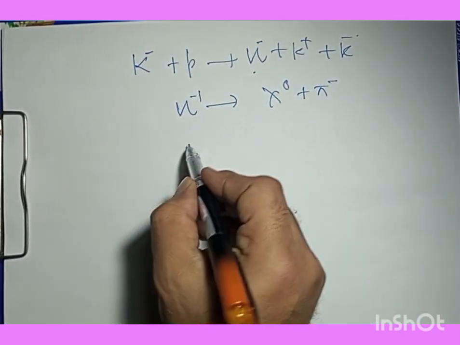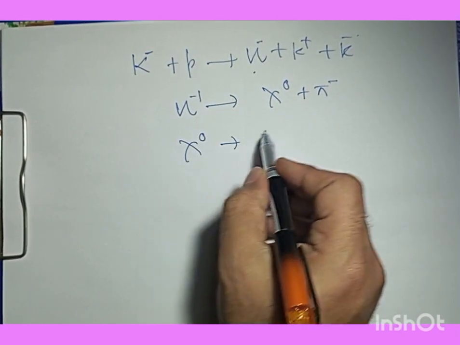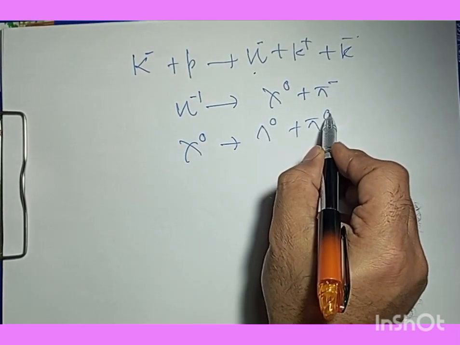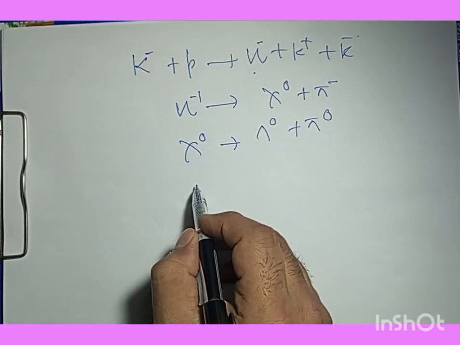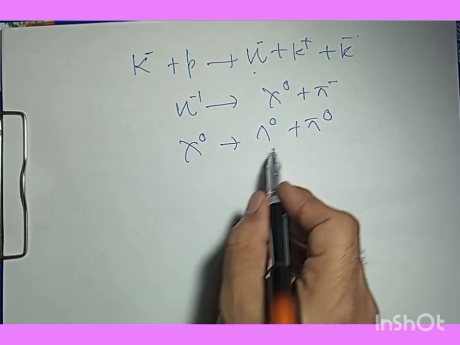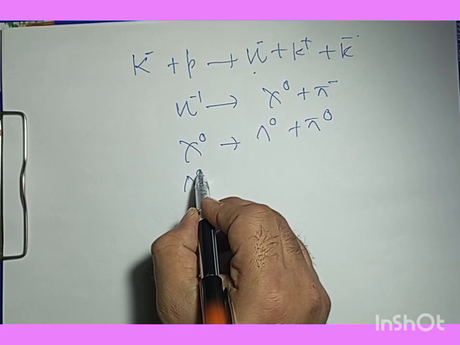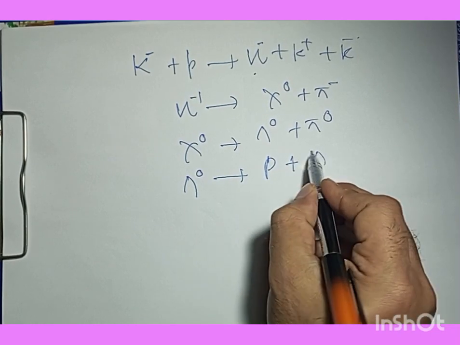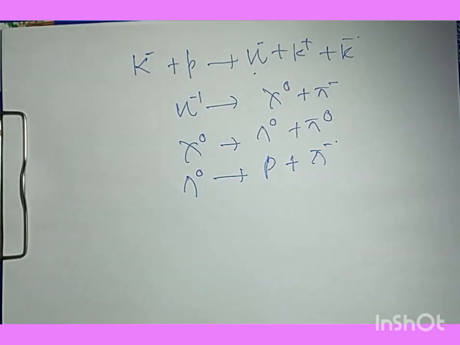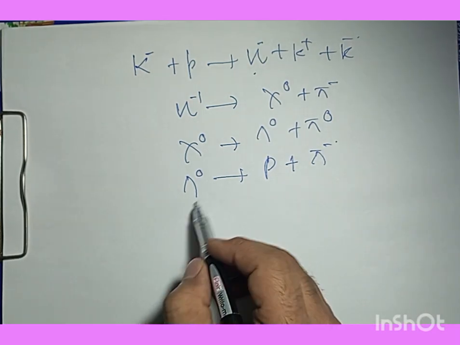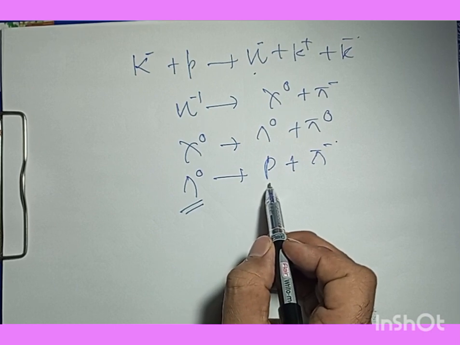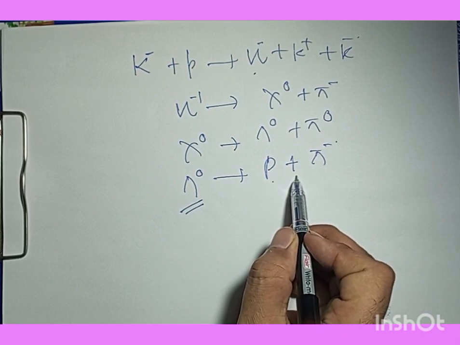And this chi neutral decays into lambda neutral and pi neutral. And this lambda neutral decays into a proton and pi negative.